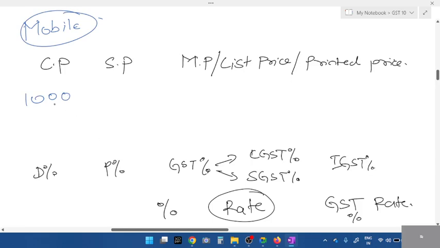And if you sell it to a customer, you can either give it a discount or you can increase the value. You can reduce it or increase the value.